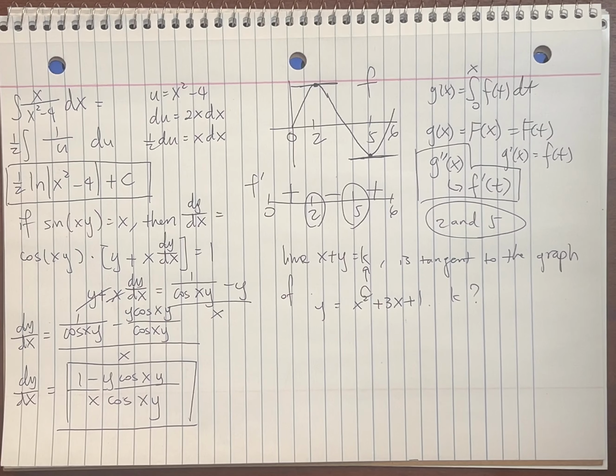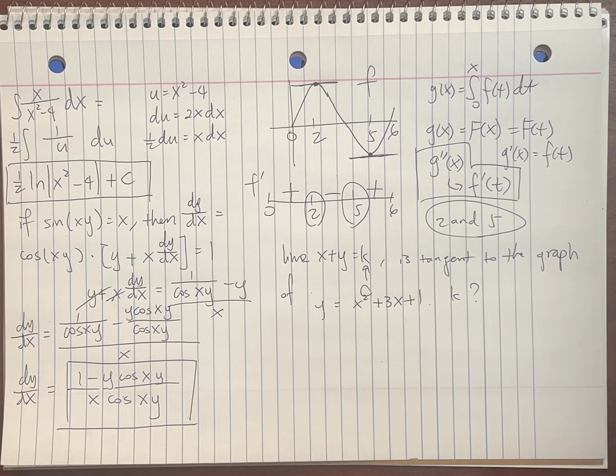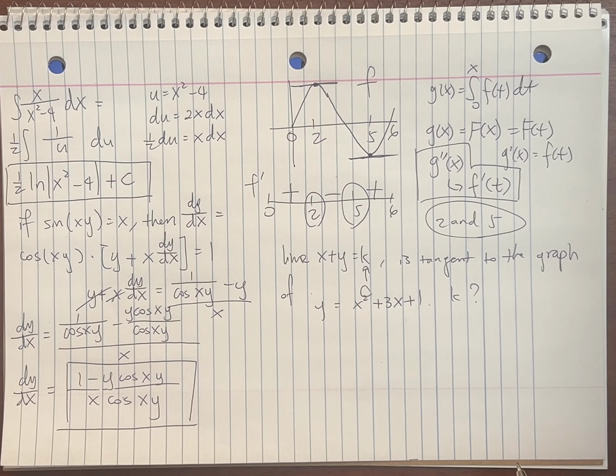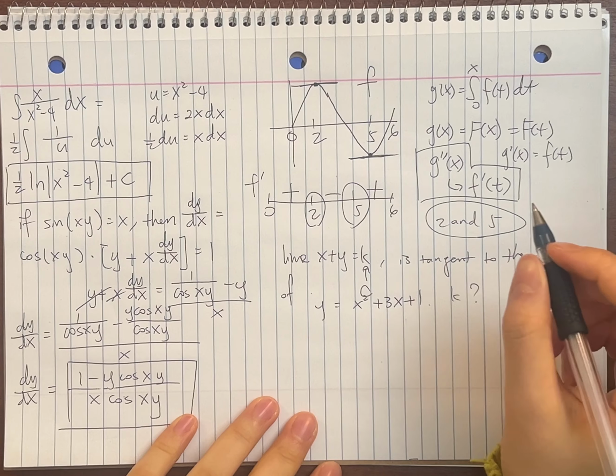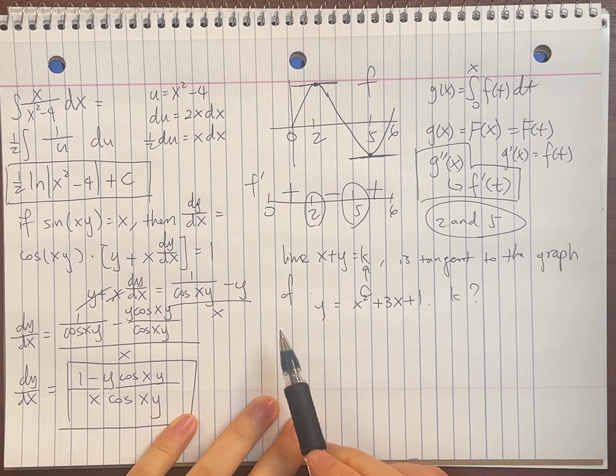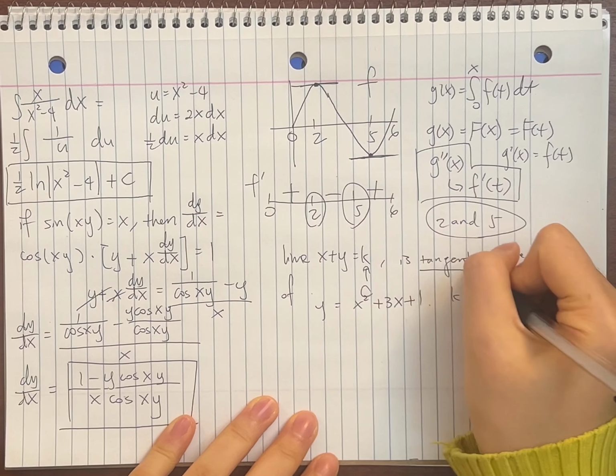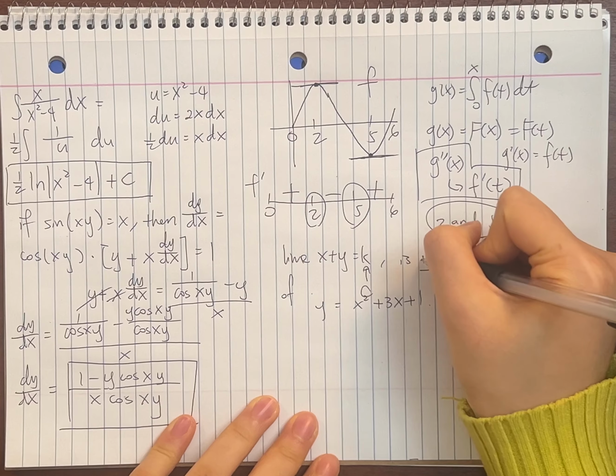Okay, so for this question, we know that it specifically said that this line is tangent to the graph, which means it's a normal slope, right?